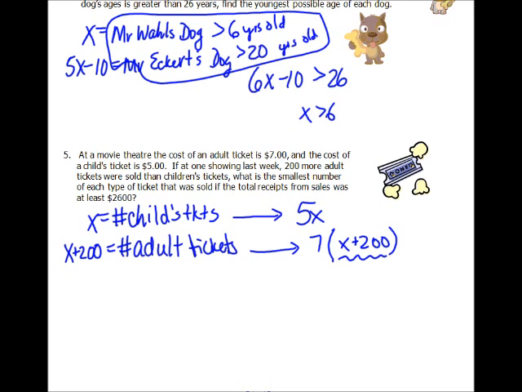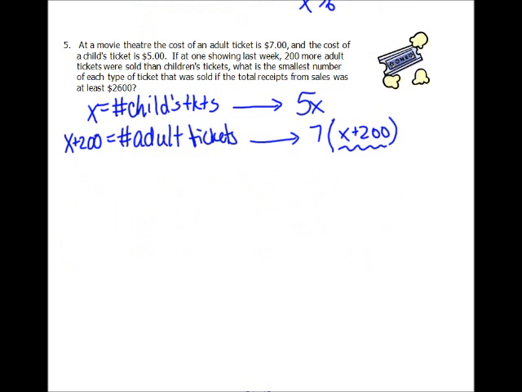All right, and we made at least $2,600 when we sold them. So I want to add those together. So I get 5x plus 7 times the quantity x plus 200 is greater than, it was at least, was it? Greater than or equal to 2,600.